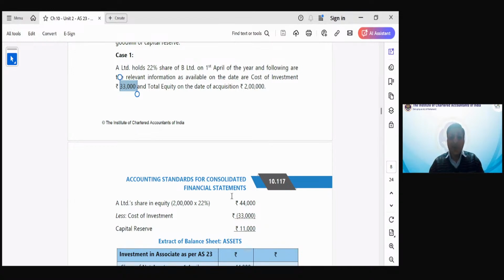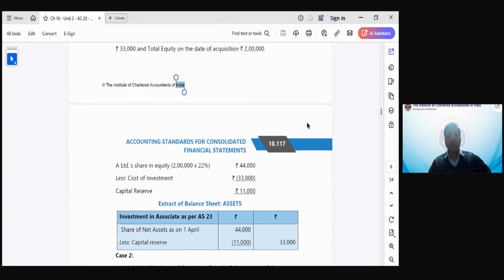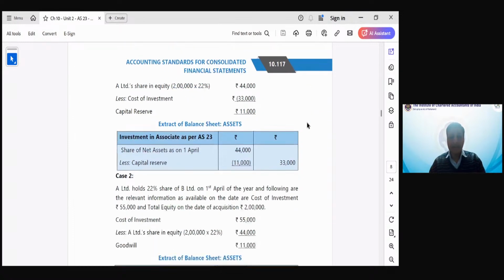And the proportionate share of net assets is 44,000. So you tell me, what should we get? Clear? Okay. Now in this case, let's understand how you present it. Here again, you'll have to present this in the consolidated financial statements.